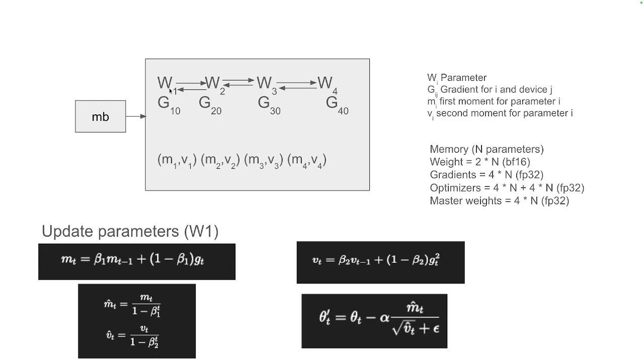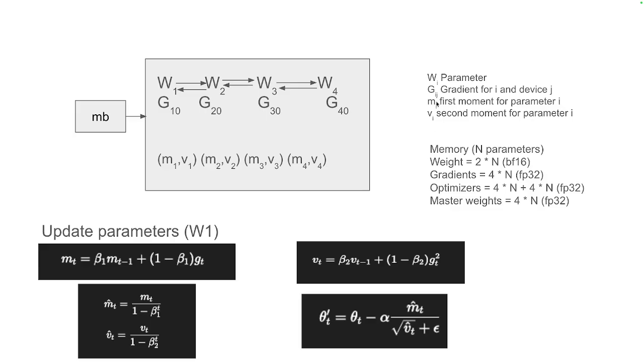This batch traverses through the entire forward pass, going through w1, w2, w3, w4. After it goes through all the layers, then with autograd it does a backward pass and computes the gradients.